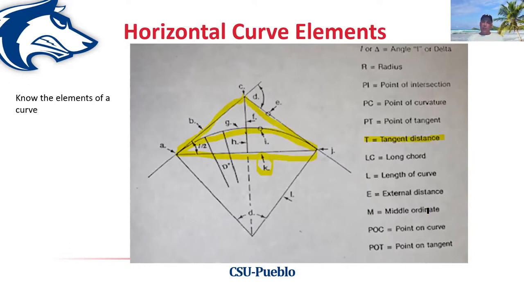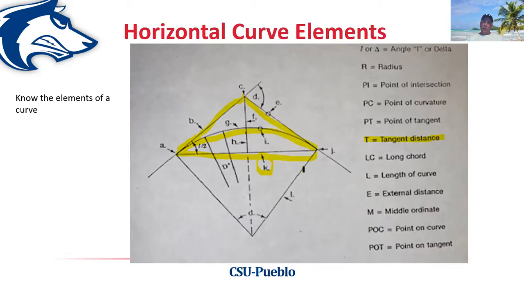That is the mid-ordinate. The POC here in our information is a point along the curvature, or point on the curve. This point indicated right here by the letter I is actually a point on the curve. There can be multiple points along any of the points along this curve.